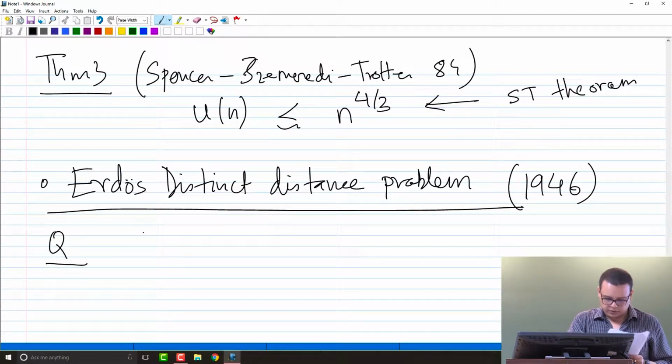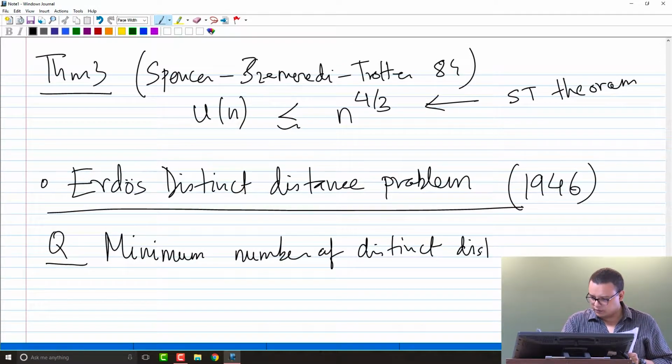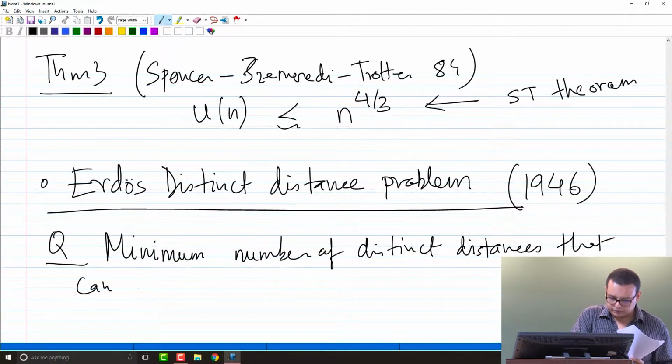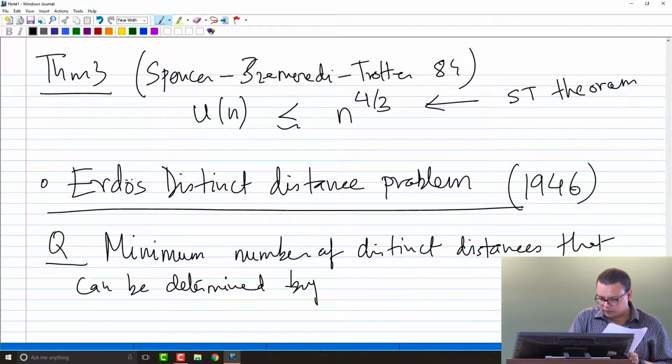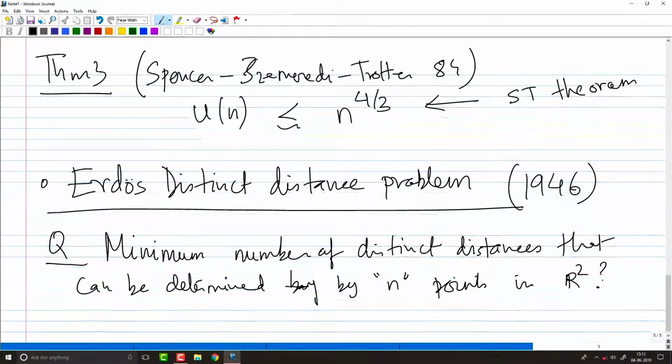The question is: the minimum number of distinct distances that can be determined by n points in R2. So this is the question. He wanted an estimate in terms of n, the number of points.